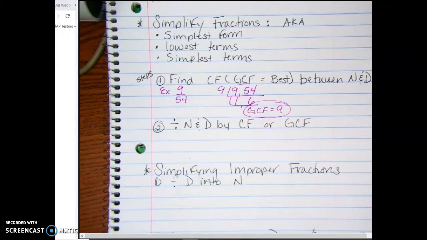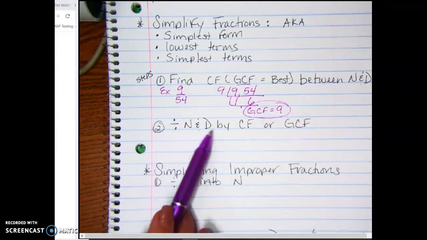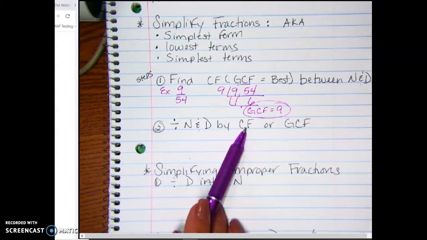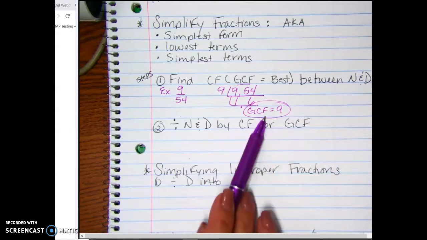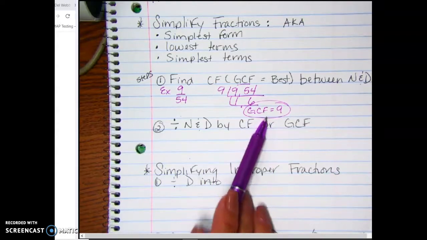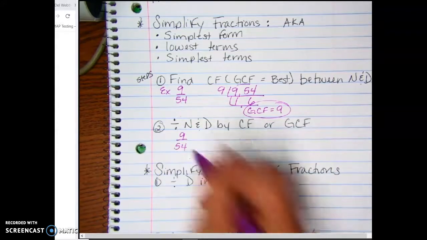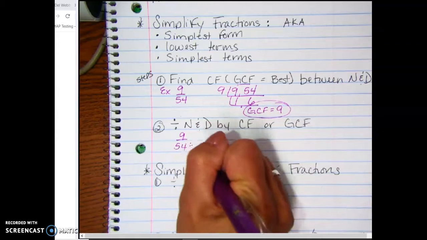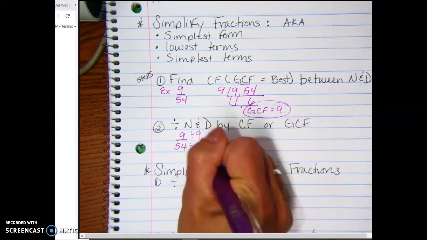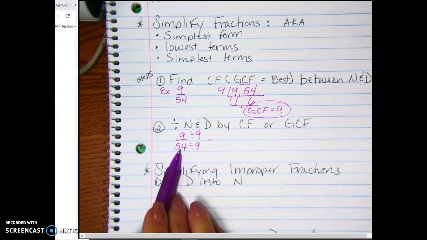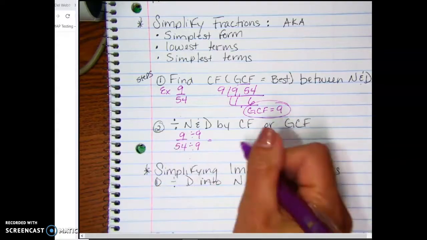The second step states divide the numerator and denominator by the common factor or greatest common factor. In our case, it's the greatest common factor. So I'm going to take my number and divide by my greatest common factor. Whatever I do to my denominator, I do to my numerator.